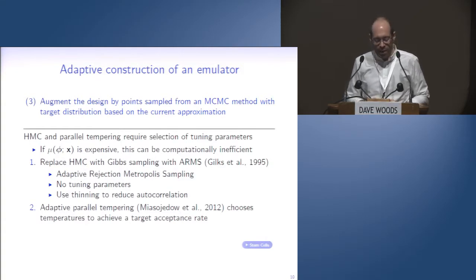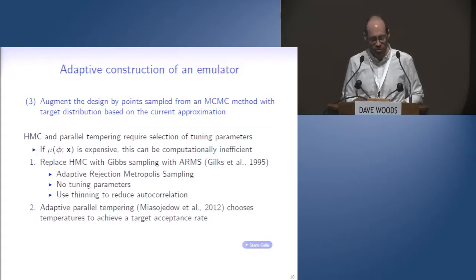So we, in our approach, replaced Hamiltonian Monte Carlo with Gibbs sampling with the adaptive projection metropolis sampling scheme to sample from the conditionals which weren't available in closed form. This effectively has no tuning parameters, although we obviously know that Gibbs sampling tends to have higher autocorrelation, and so to reduce the autocorrelation, we actually thinned our samples.